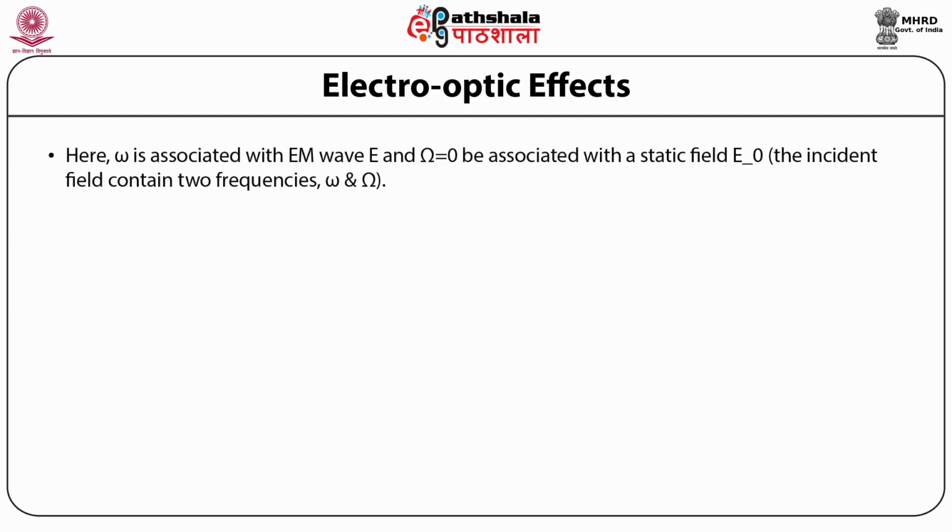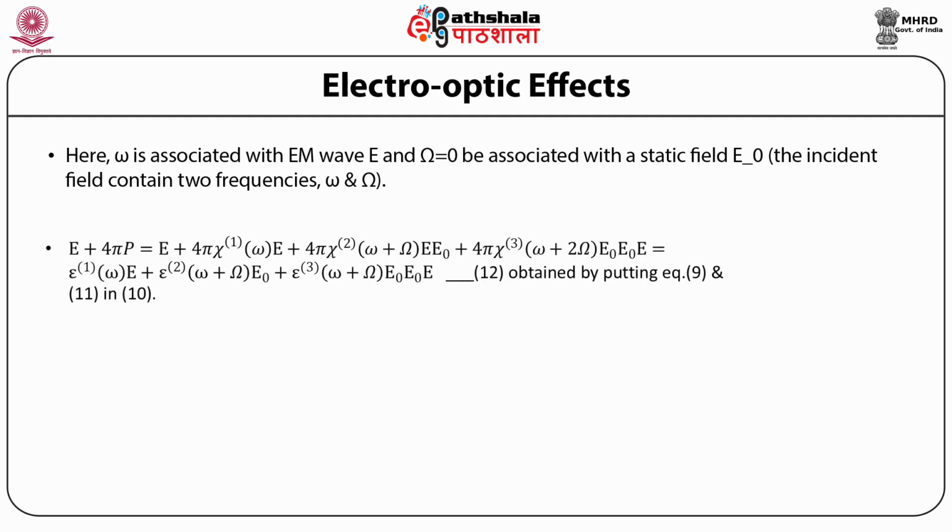Now here omega is associated with an EM wave E and omega equal to 0 is associated with a static field E naught. So the incident field contains two frequencies.